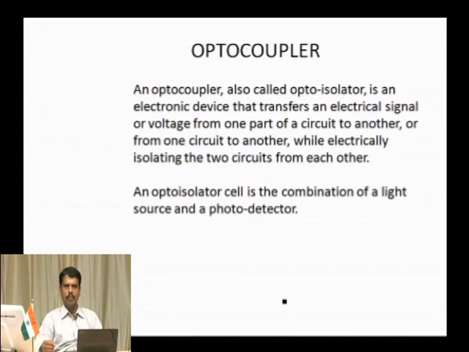An opto-isolator cell consists of a light source and a photodetector. A light source may be an LED source. A simple photodetector may be a photodiode, a phototransistor, or a light activated SCR. So these are the photodetectors.